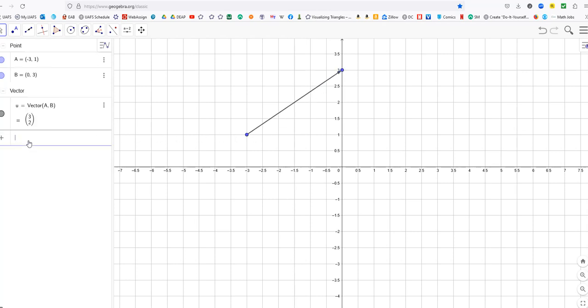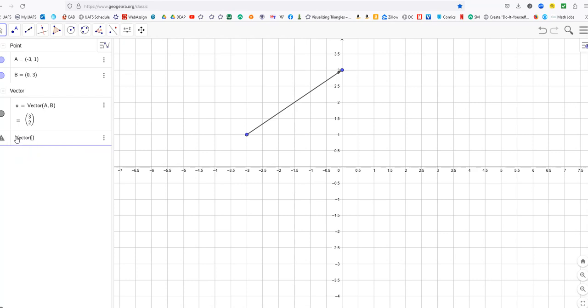Now we can also make a vector with a vector command, either over here in the algebra view, or if you have the input bar showing at the bottom, you can enter it in there. Vector, we can enter 2 points.